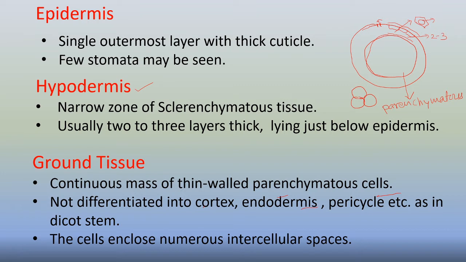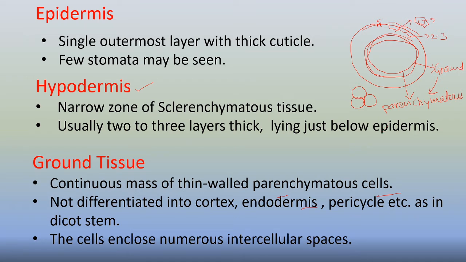So, the whole undifferentiated tissue is called the ground tissue, which has parenchymatous cells with small intercellular spaces in it.